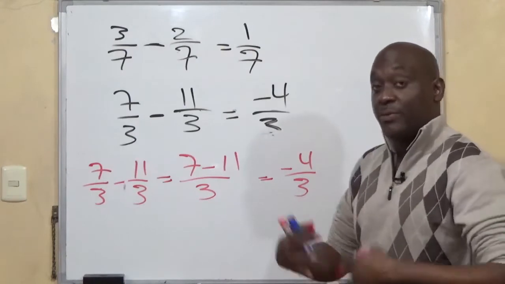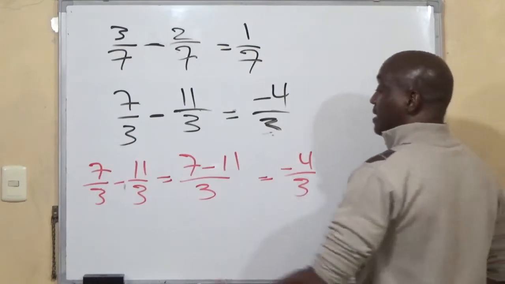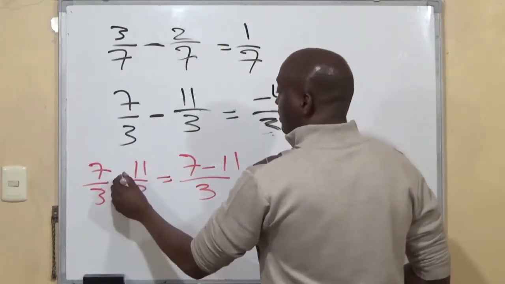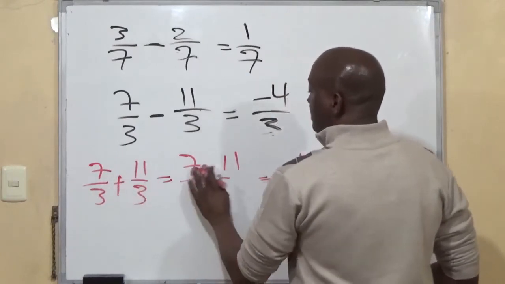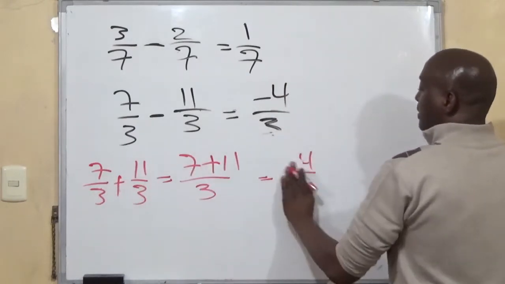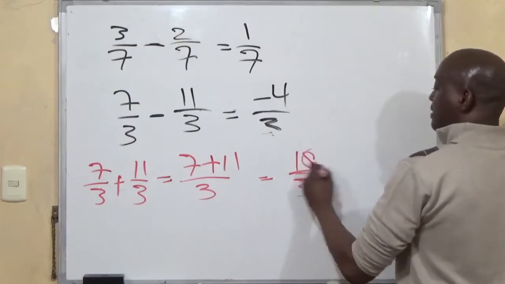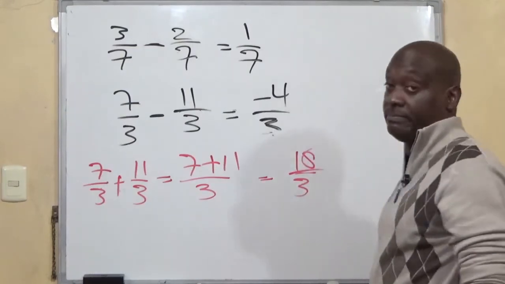And by the same token, if we were adding, we would say that 7 over 3 plus 11 over 3, right, is the same thing as 7 plus 11 over 3, which in this case is 18 over 3.